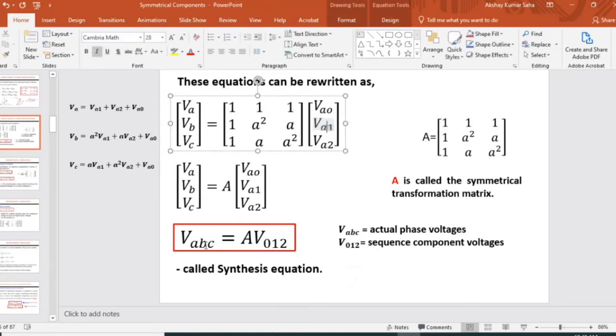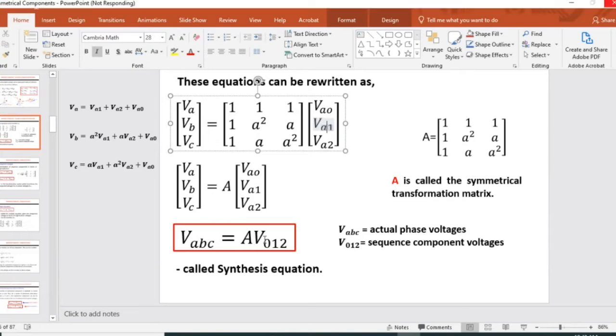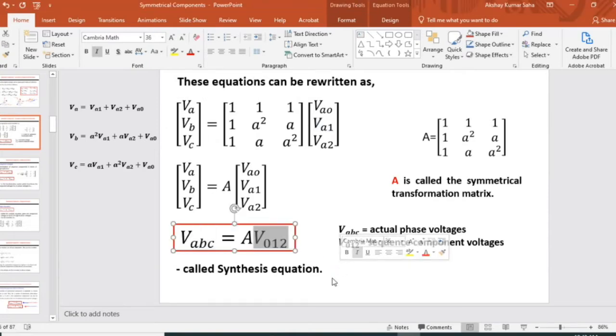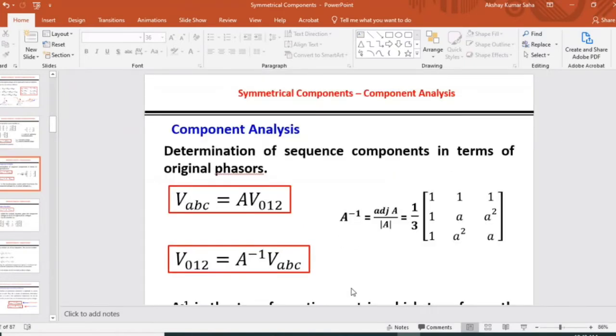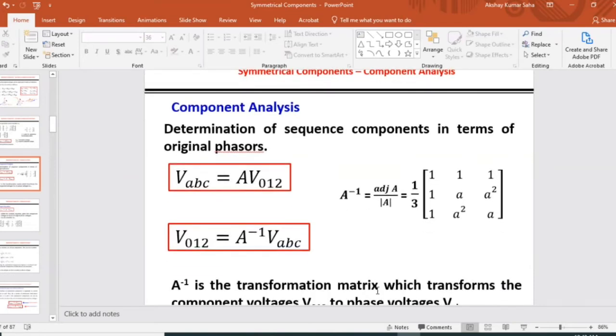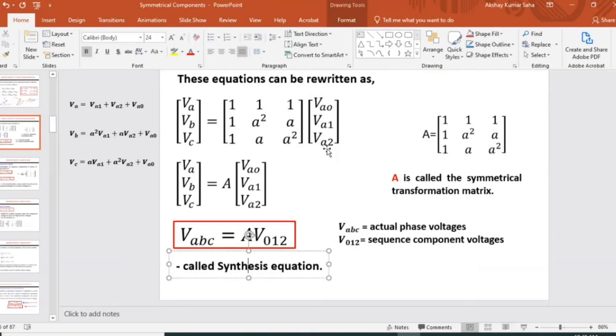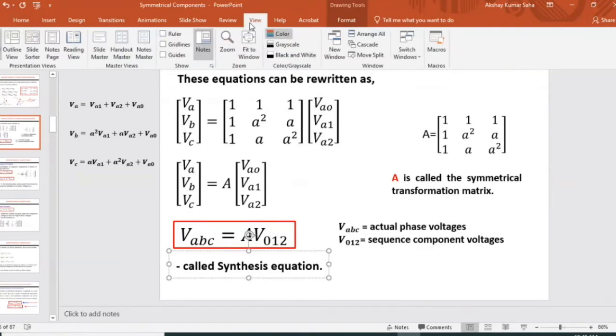So VABC is the actual phase voltage, and V012 are the sequence component voltages. When we know the sequence component voltages, we can find out the actual phase voltages. Right, let's go to the next one. From there, we can come to the opposite of the synthesis equation.